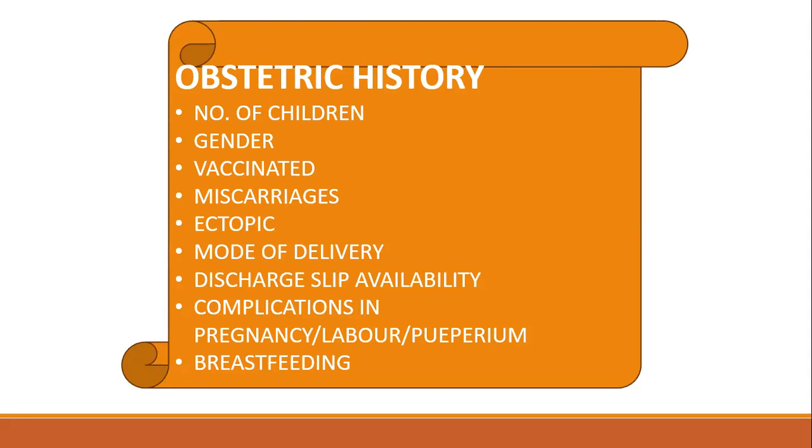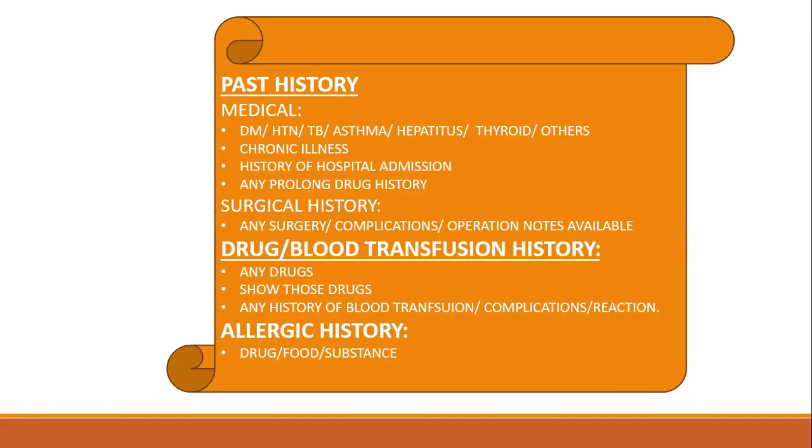You must ensure and focus on this: ask whether the patient has the discharge slip or not. Ask about complications in the pregnancy, labor, and puerperium in any of the pregnancies, and whether she has breastfed her children or not. Then talk about the past history.